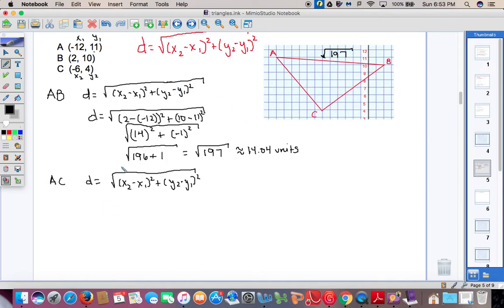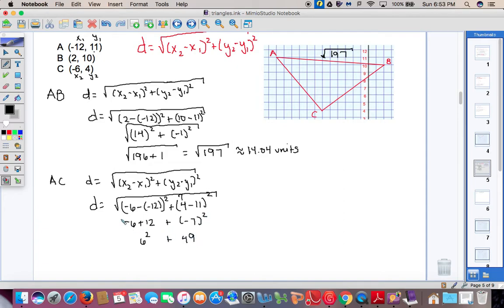Then I substitute in my given information: -6 minus -12, plus 4 minus 11. -6 plus 12 is 6, and 4 minus 11 is -7.